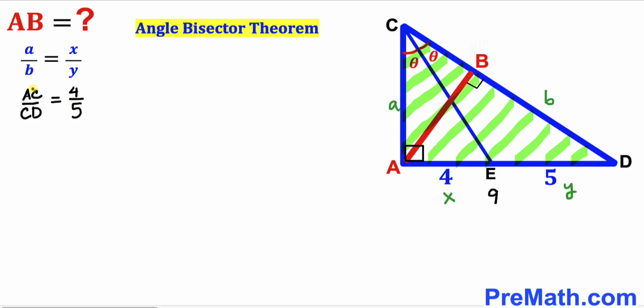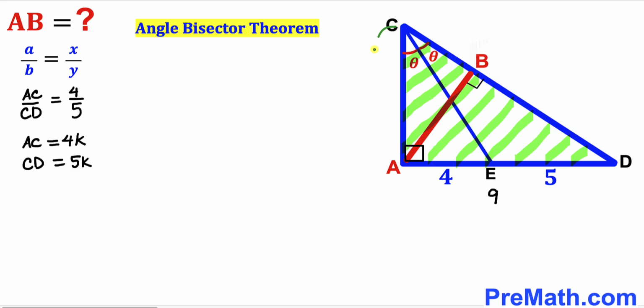So we can write AC as 4 times some constant k, and likewise CD is going to be 5 times some constant k as well. Now our task is to find the value of this constant k.